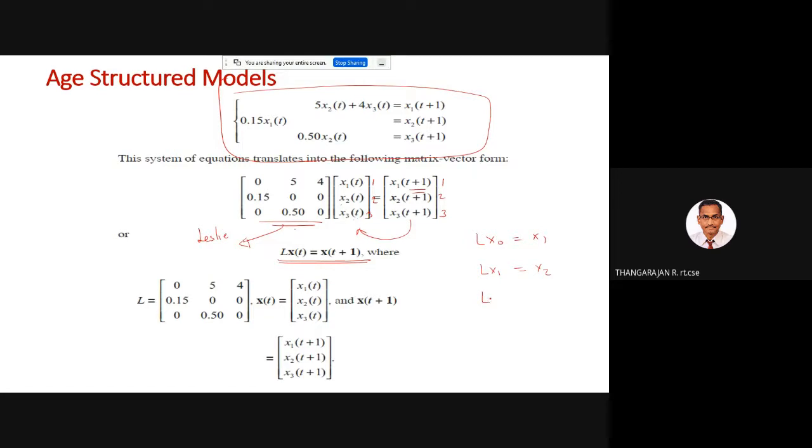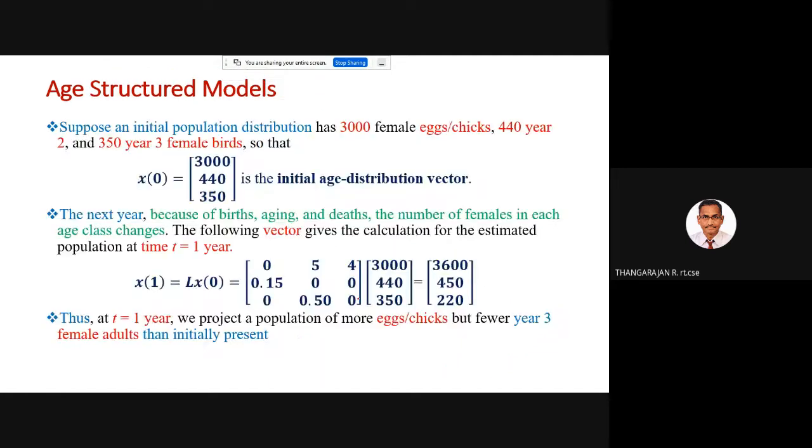Next time you use x2, you get x3. Likewise, you can do it for 100 years. And at the 100th year, you can tell what would be the population which are 1 year old, 2 year old or 3 year old. So you have to do this in a repeated manner. That's what I have shown here.